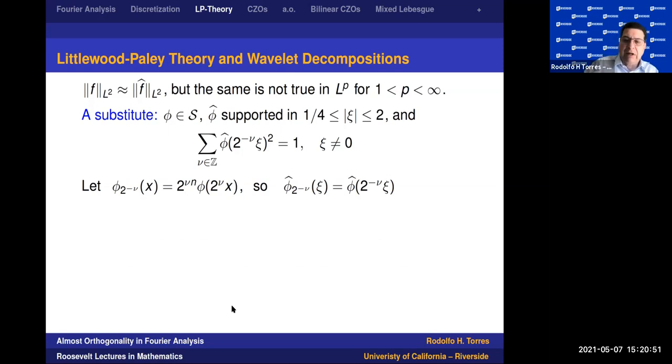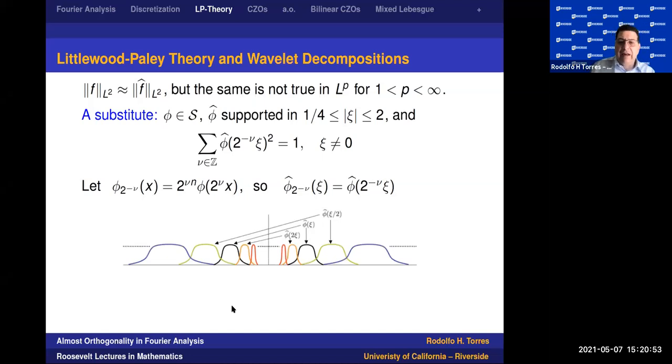There is a substitute for what the Fourier transform cannot do, and it is provided by this Littlewood-Paley decomposition. The idea here is to start with the function. Let's look at this picture first, and then we go back to the equation. We start with a function like this, the black one, that lives on an interval away from the origin, a smooth version of the function psi I used before in that cartoon about filtering.